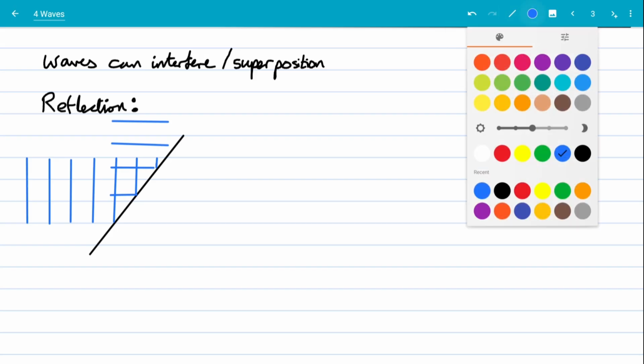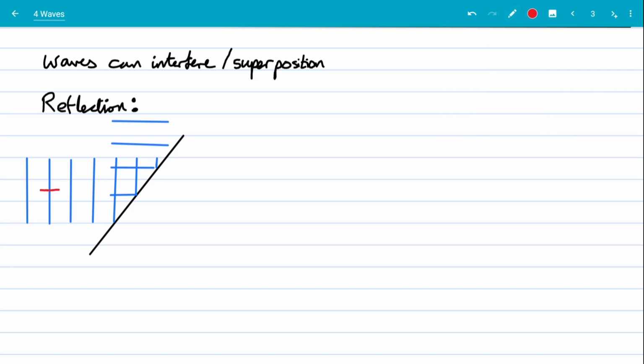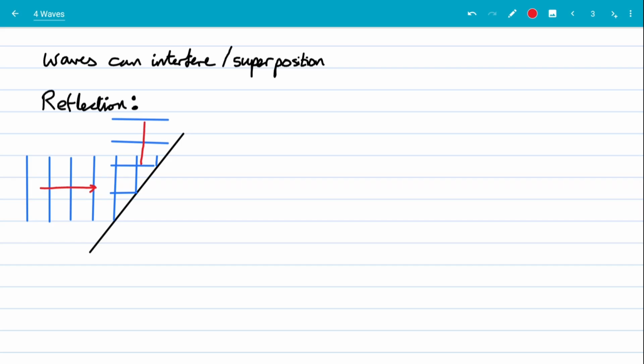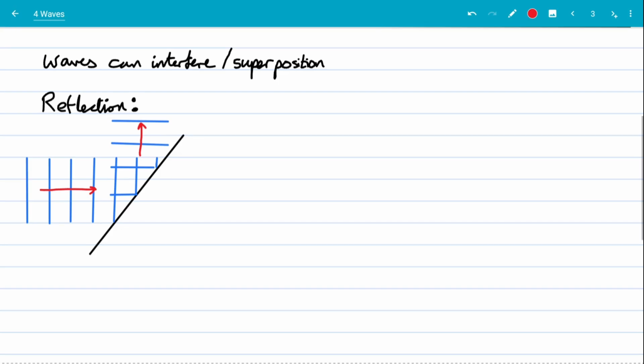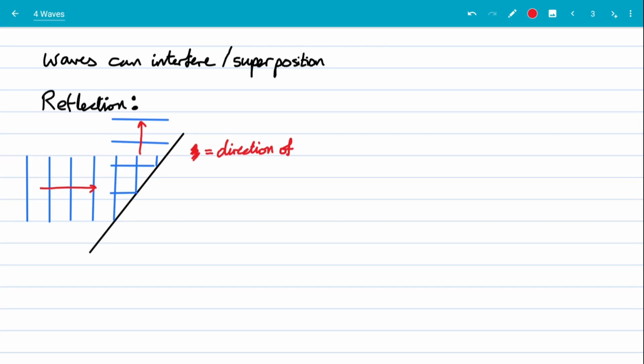Now, I could label the direction that the wave energy is being transmitted. That's this direction. And then after the reflection, it is this direction, like that. So let's use a key. Let's say red. And for some reason, it's not letting me draw it. Red equals direction. You can say the direction the wave energy is being transmitted. We usually just say direction of wave propagation.